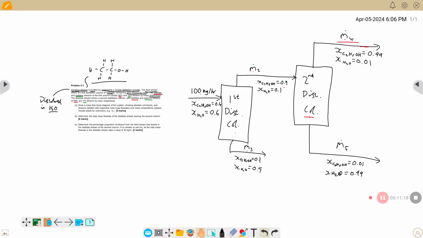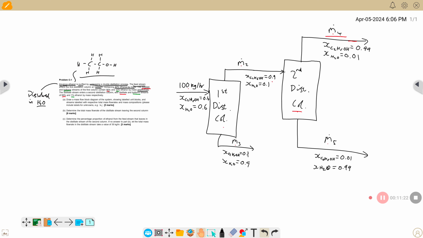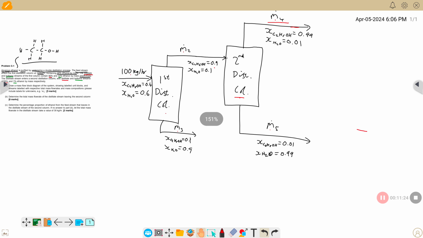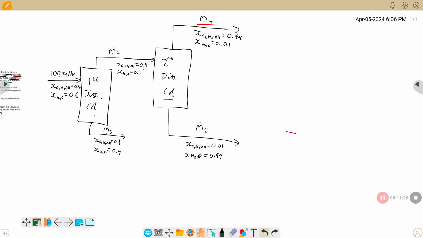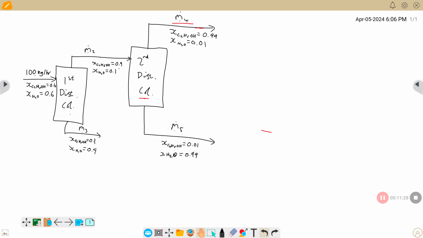So I'm going to move the screen. I'm going to move the question off the board if that's okay. Right. So there are 3 different degrees of freedom analyses that we can carry out here. The first one is a degrees of freedom analysis of our first column.